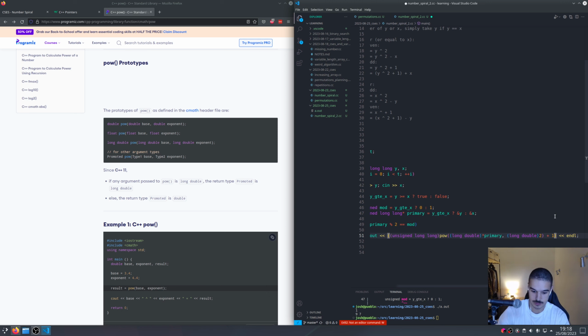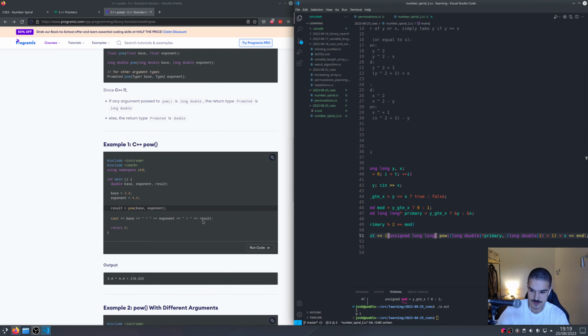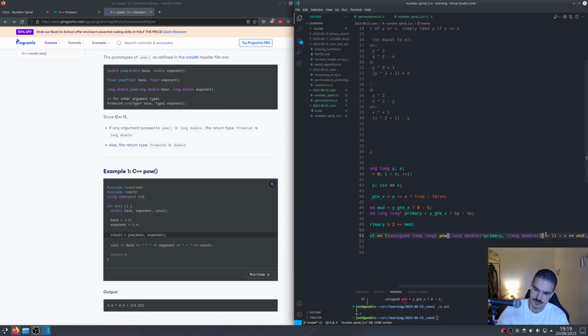So plus 1, but then plus x as well, which should also be an unsigned long. Don't know how I feel about this. Although, if I need to square it, I could just multiply it by itself.